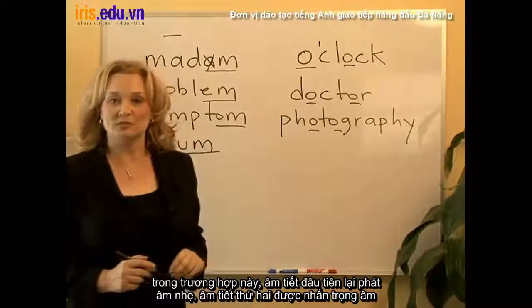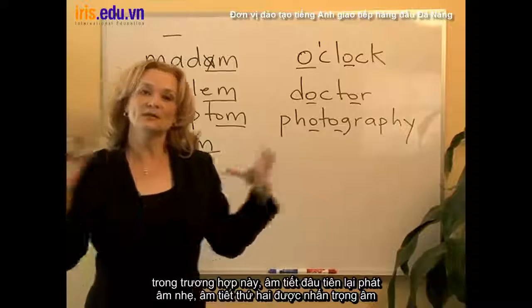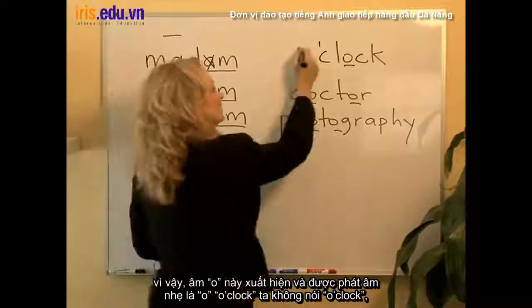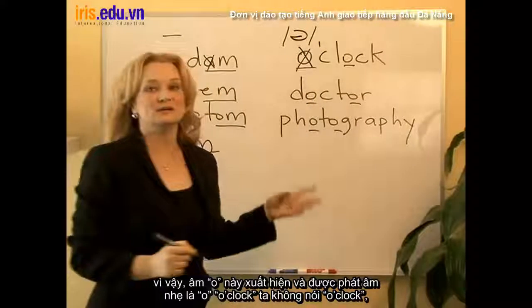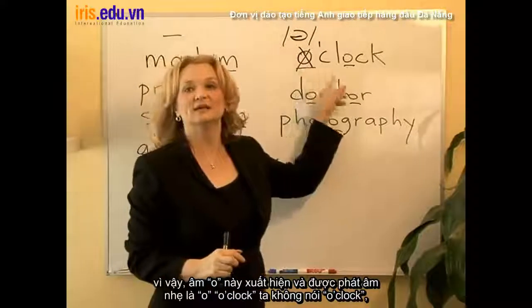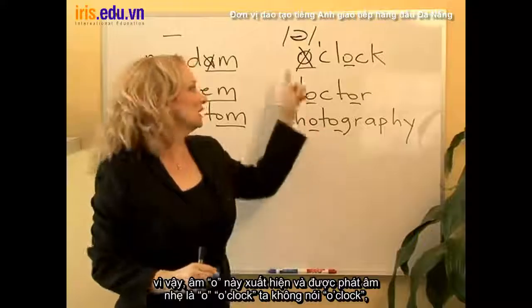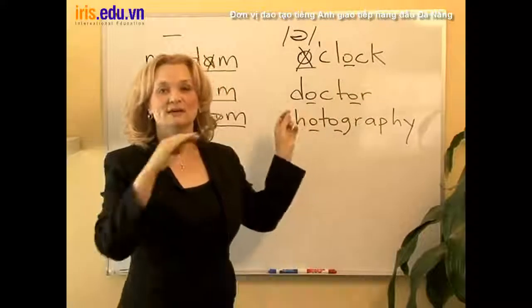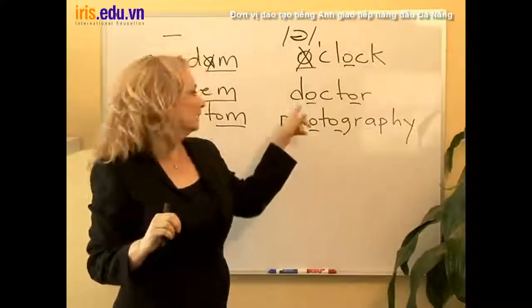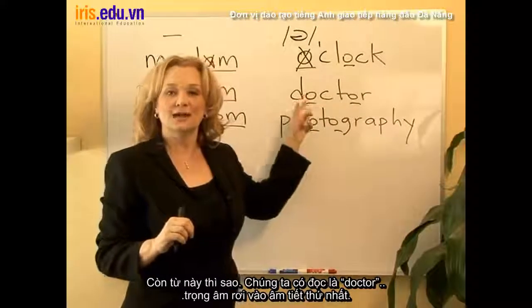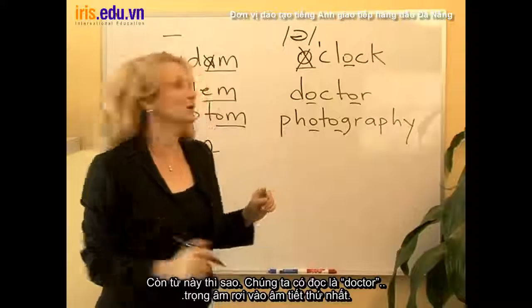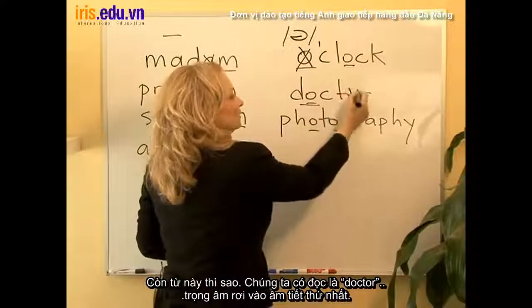The second syllable is stressed. So this one disappears and becomes this sound, so we say o'clock. We don't say o'clock, we say o'clock. How about this one? Do we say doctor or doctor? No, we don't. We stress the first syllable, we reduce the second.